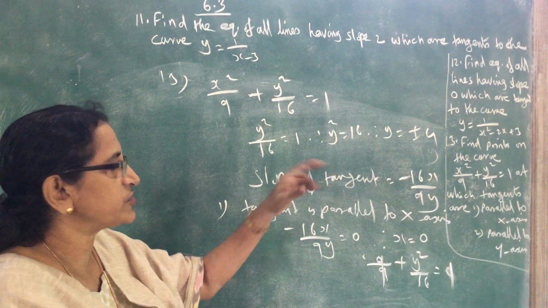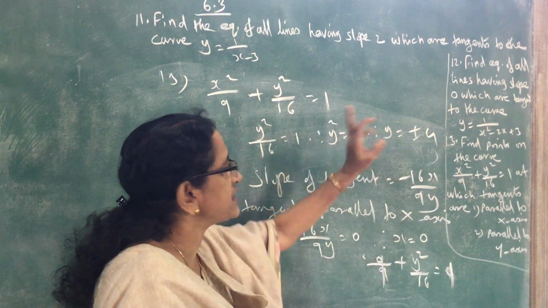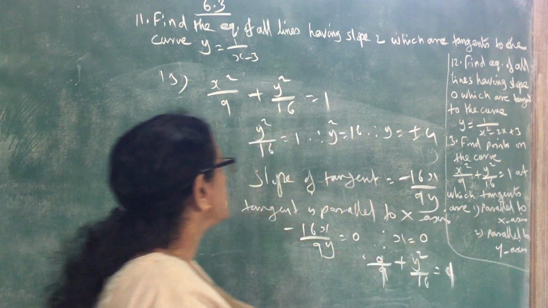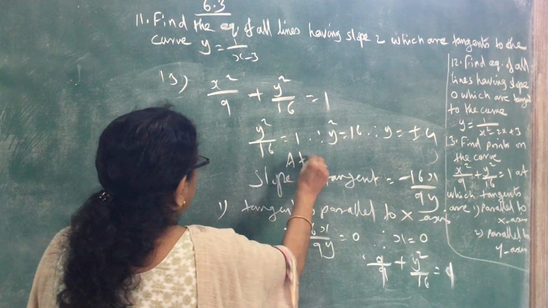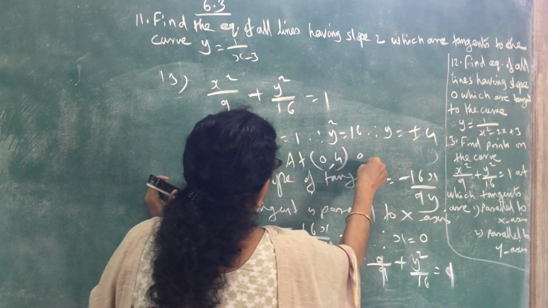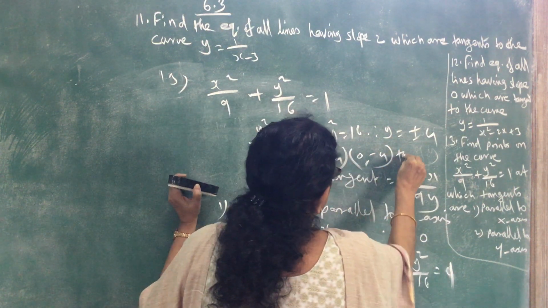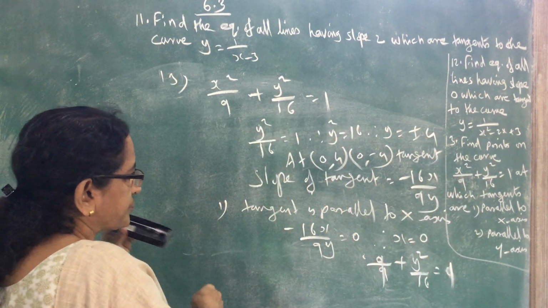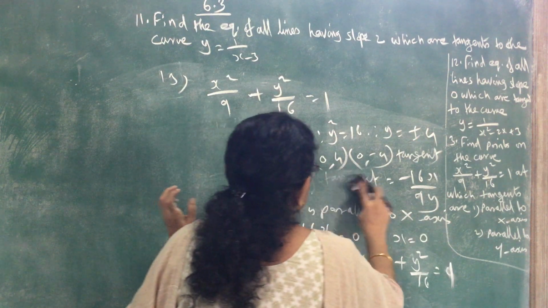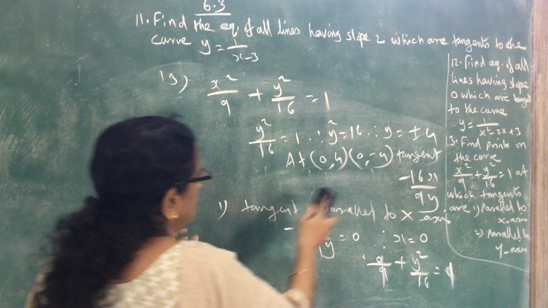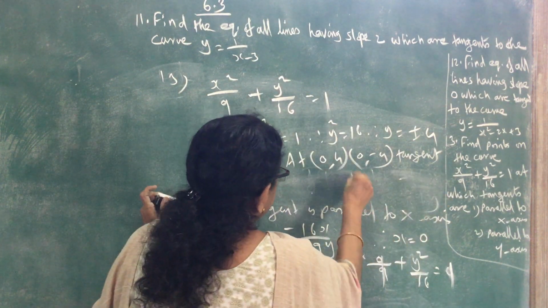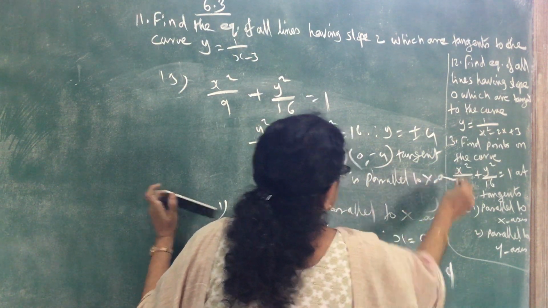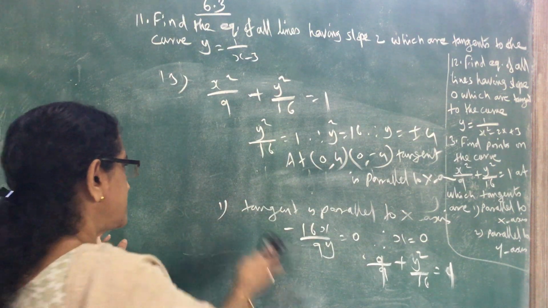So there are 2 points, 0, 4 and 0, minus 4. So first answer: at 0, 4 and 0, negative 4, the tangent is parallel to the x-axis.